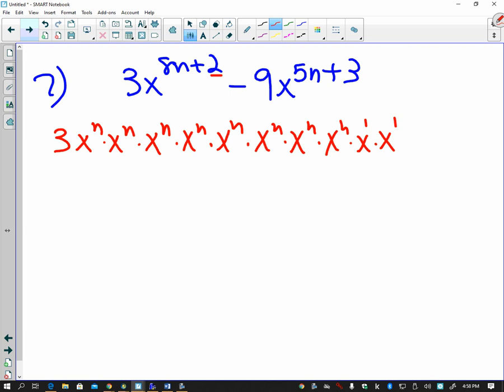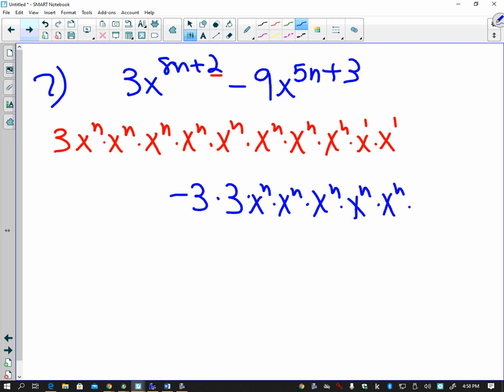Now, for the negative 9, negative 9 would be negative 3 times 3 times x^n five times, 1, 2, 3, 4, 5, times x times x times x to get your x cubed.